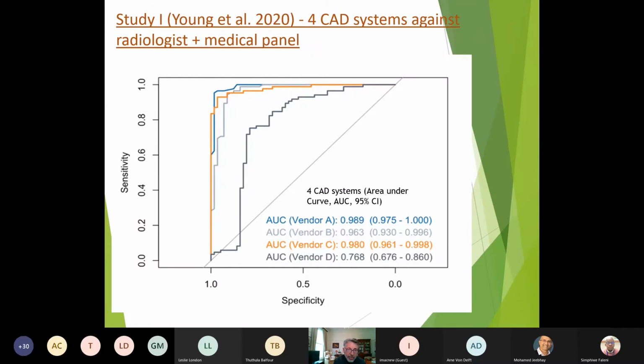And that's measured literally by the area under the curve against the diagonal, which is no better than chance.